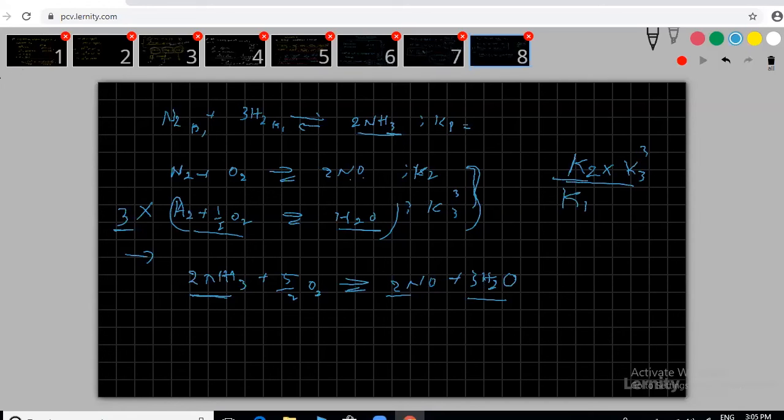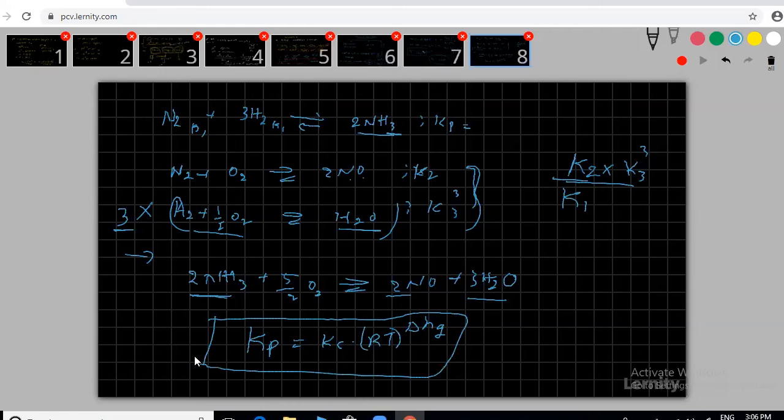Next, you can see degree of dissociation alpha directly. Kp Kc relation, Kp equal to Kc into RT power delta n. Sir, even this relation is important. They are asking questions nowadays based on this. That is decided by delta Ng.